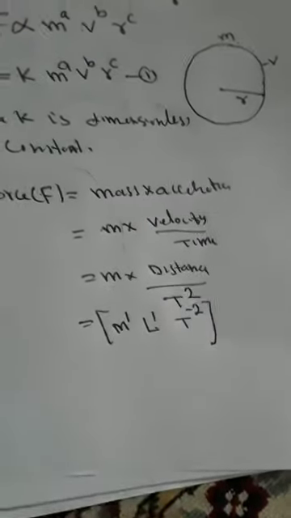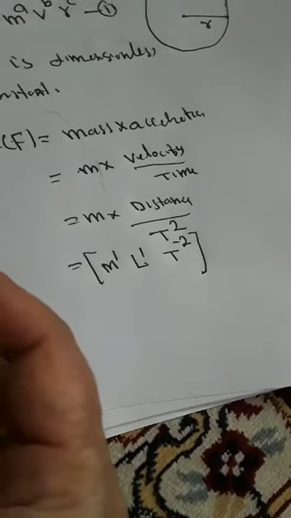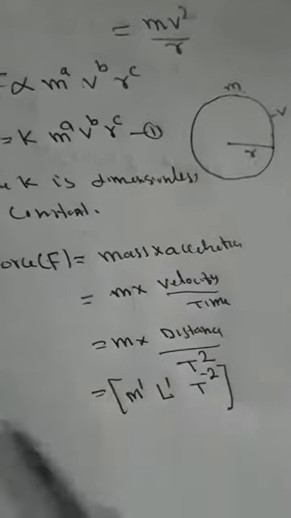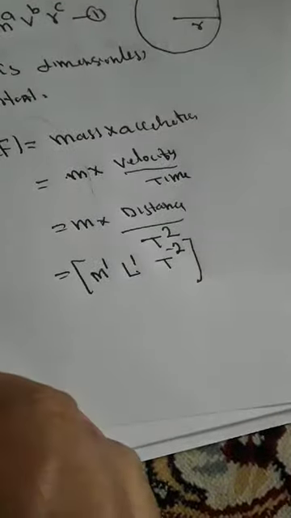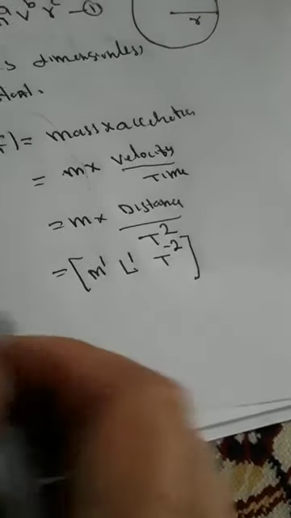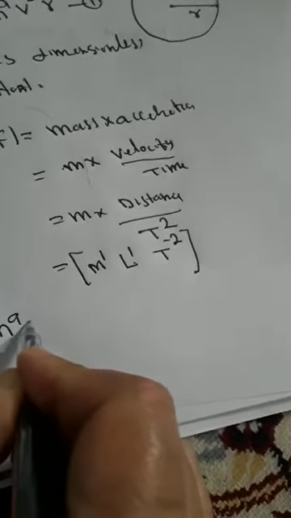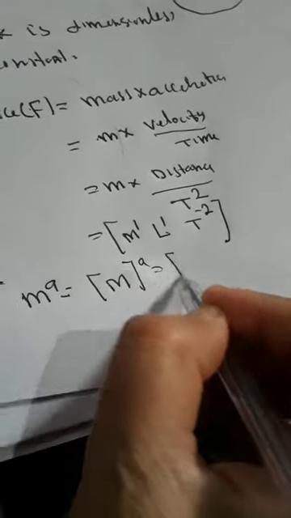Now, moving ahead, this is the dimension of a force. Before substituting in equation first, what are the dimensions of each term? Mass becomes M raised power a. The second term is velocity, v raised power b.